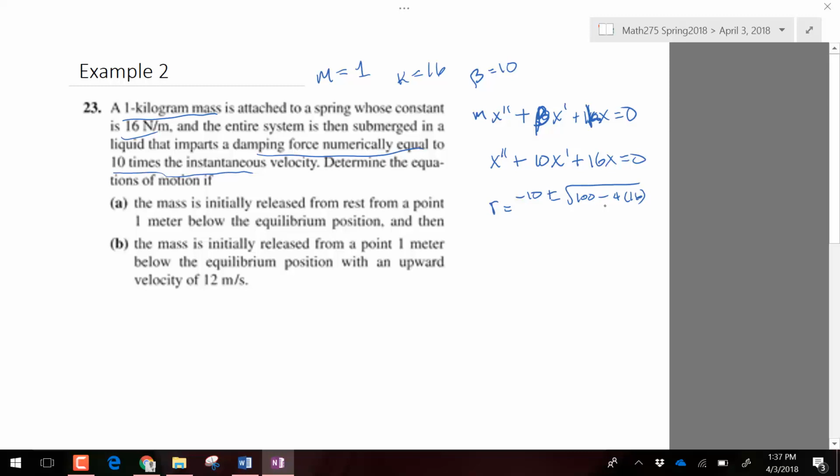The question is, is 10 squared bigger than 4 times 16?